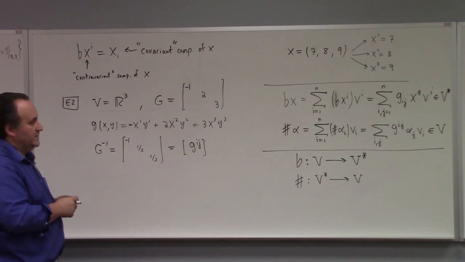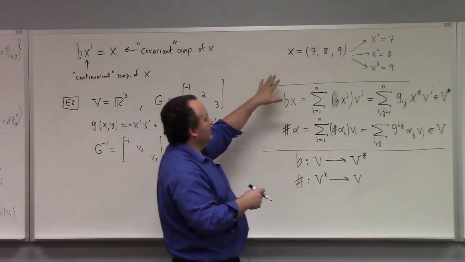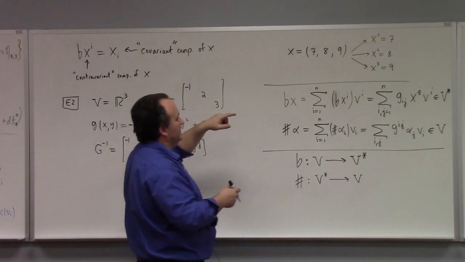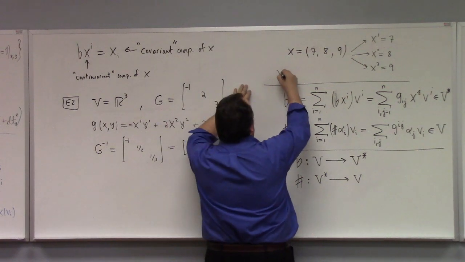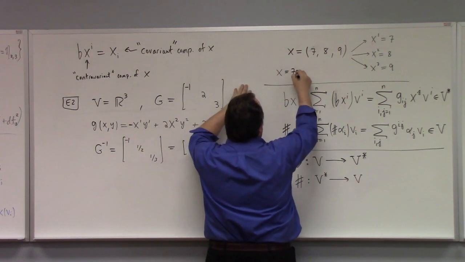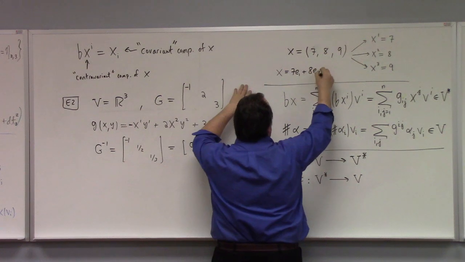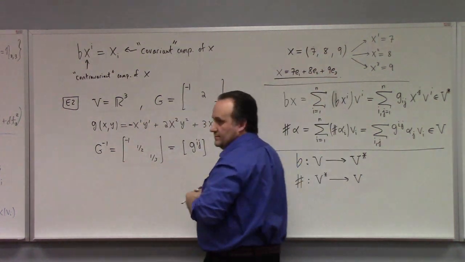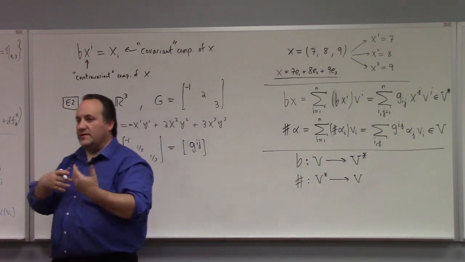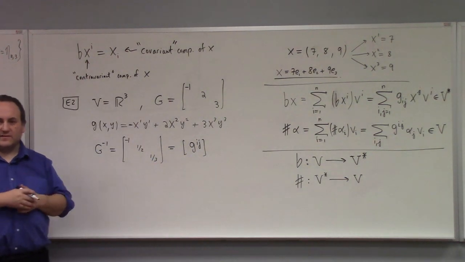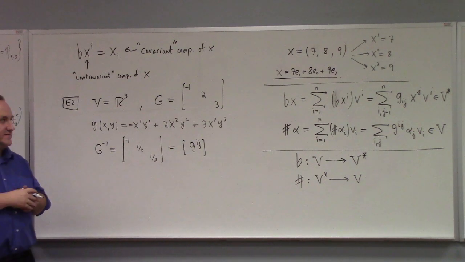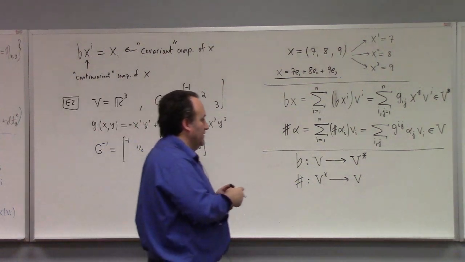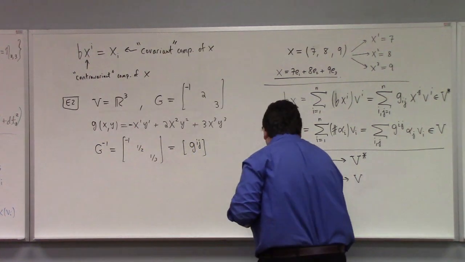So to be clear, this x was also equal to 7e1 plus 8e2 plus 9e3. So here v1 is e1, v2 is e2, v3 is e3, lower indices, the vectors. What would the flat of x be here?